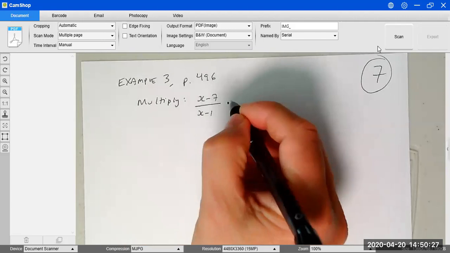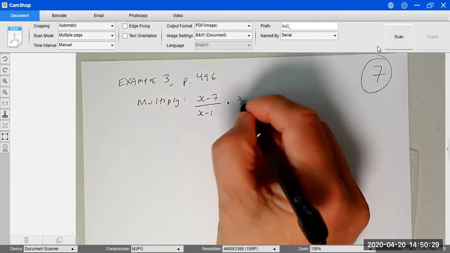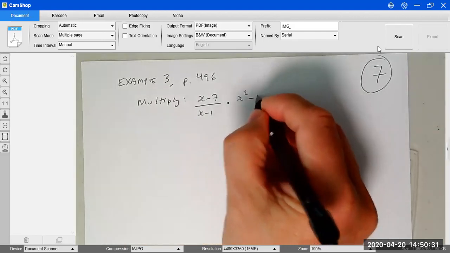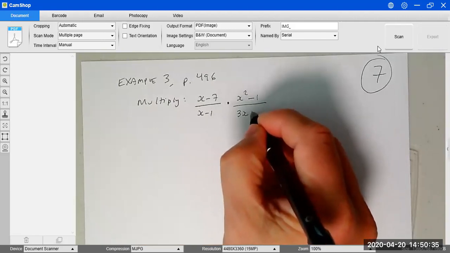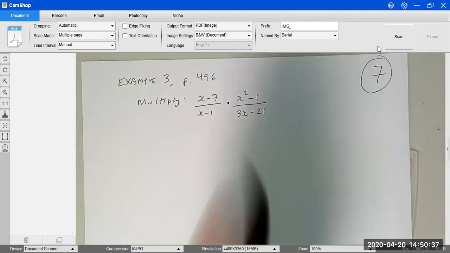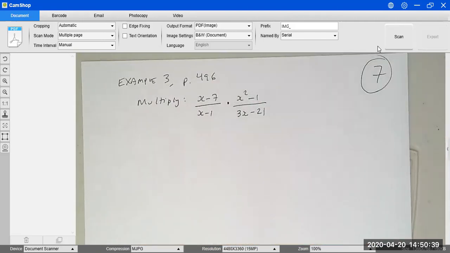The second one is x squared minus 1 over 3x minus 21. So first thing, enclose in parentheses every numerator and every denominator.